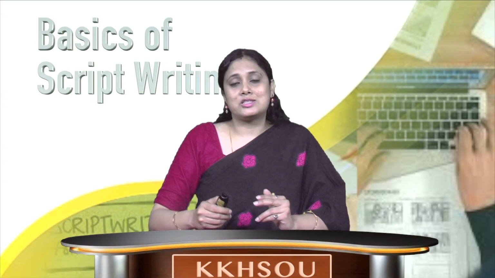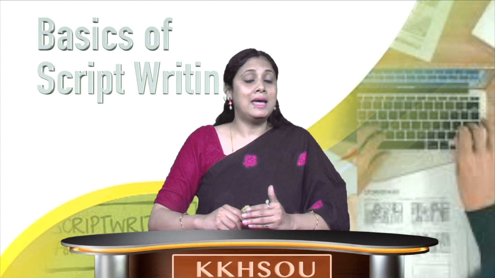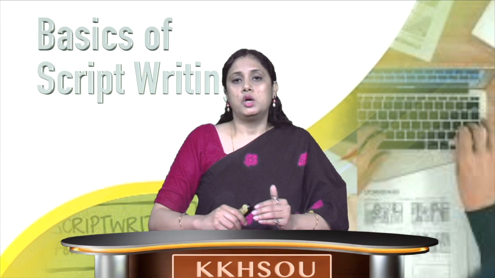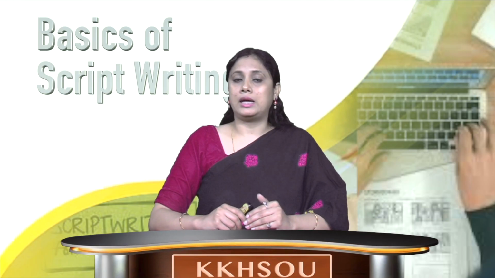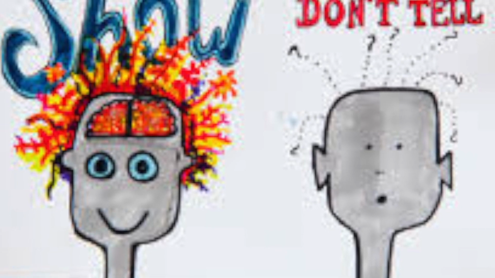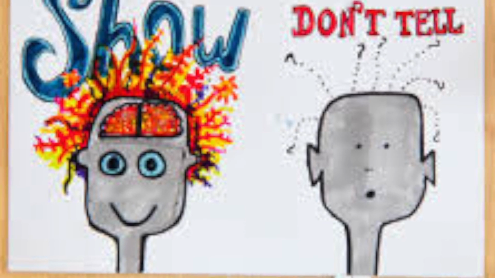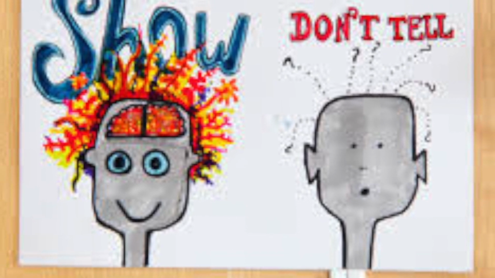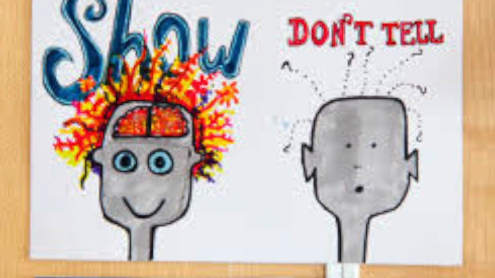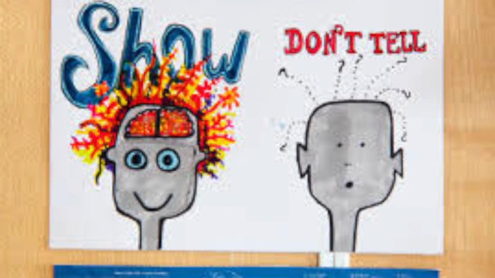So he highlights the dual focus of script writing on storytelling and visual representation, which are essential for engaging the audience. In essence, script writing is about showing and not telling. It is about crafting a story that can be translated into a visual and auditory experience for the audience.